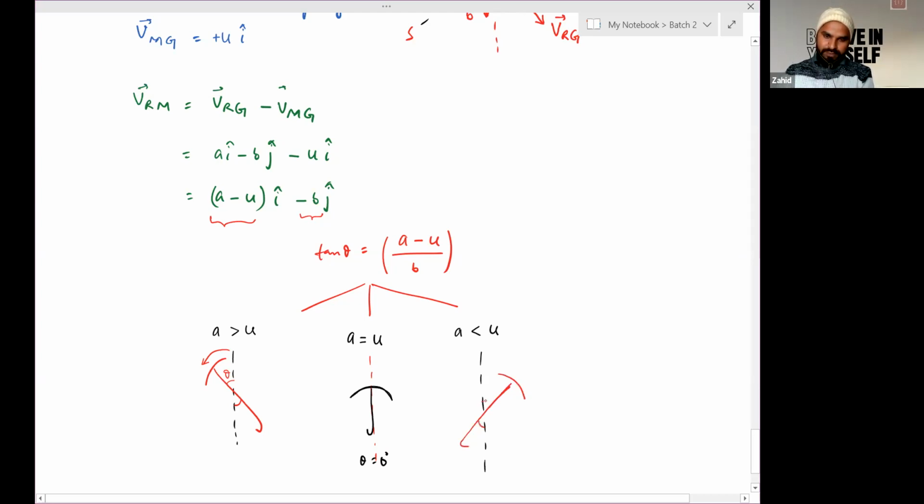This will be theta, towards east. So depending upon the values of A and U, we can define the inclination of the umbrella with respect to the vertical.